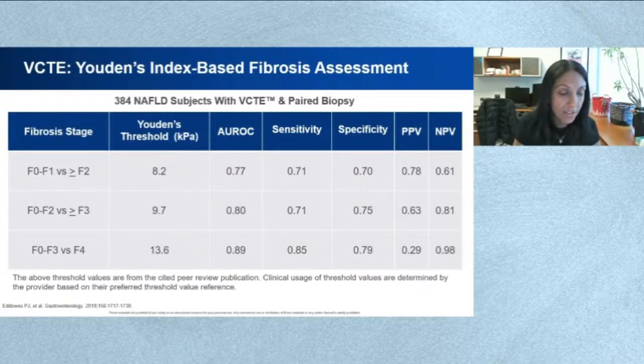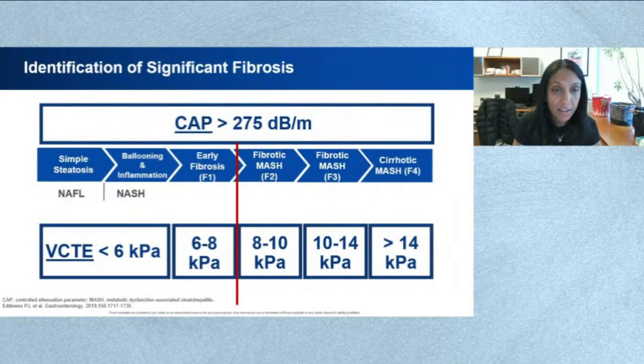And you can see the cut points for F2 fibrosis, F3 fibrosis, and cirrhosis. Now transient elastography also gives us measurements of steatosis in addition to fibrosis, and a CAP score of greater than 275 has been identified as being consistent with having significant steatosis.